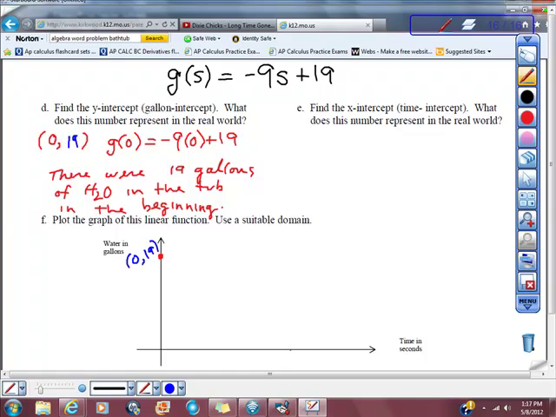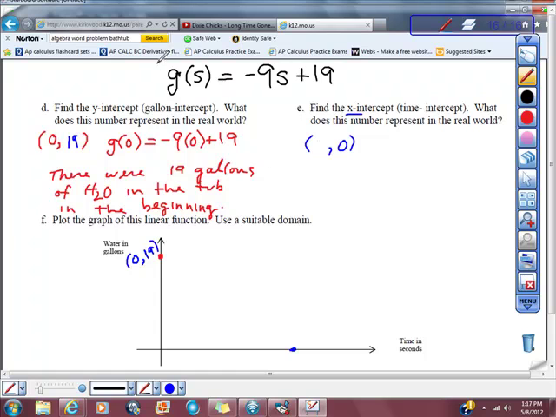And then somewhere over here, and this is not precise, what happens to the level of water? It runs out of water. So the x-intercept, well, guess what value is 0 on an x-intercept? The y value. So we have the point x, 0, and we have to find that x value.